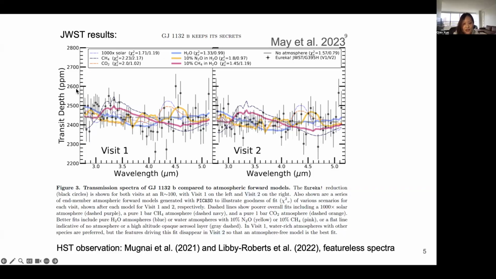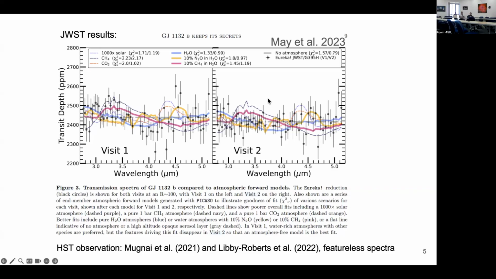And this actually corresponds to the water feature. The water feature spreads from 2 microns to 4 microns. So I guess this is why the first visit actually prefers a water-dominated atmosphere, while the second one, you can really see a slope here. That's why it prefers an atmosphere-free model.